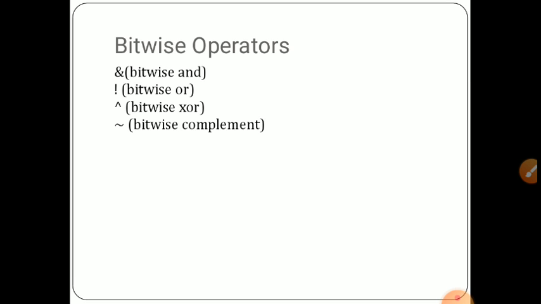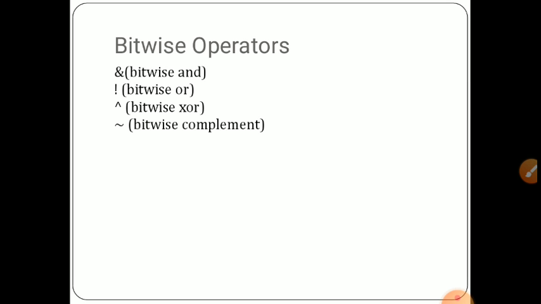Now bitwise operators. Bitwise operators basically work on bits. What are bits? The smallest units of memory where our data is stored. So Python also provides bitwise operators, which are similar to the logical ones but work on a smaller scale, on the binary representation of data.